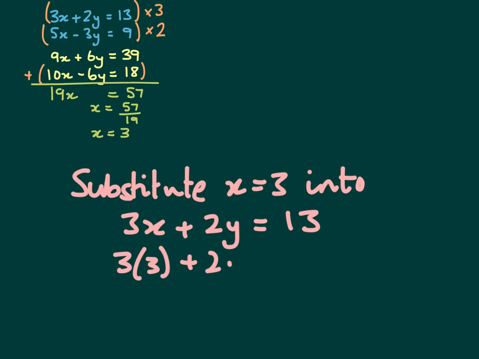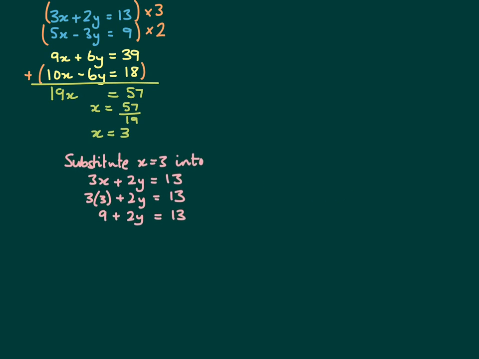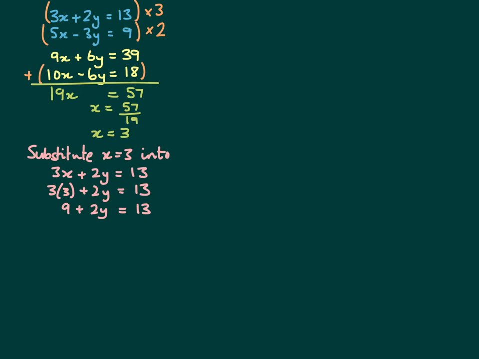So change the x's into a 3, so I'll have 3 brackets 3 plus 2y equals 13. That's going to be 9 plus 2y equals 13. Let's just shrink that, stick it over here so I can have a little bit more room. So we go back here now, so I'll have 2y is going to be equal to 13 take away 9. Just take the 9 across there, look, to get that.